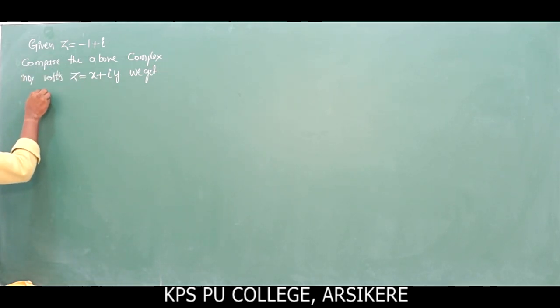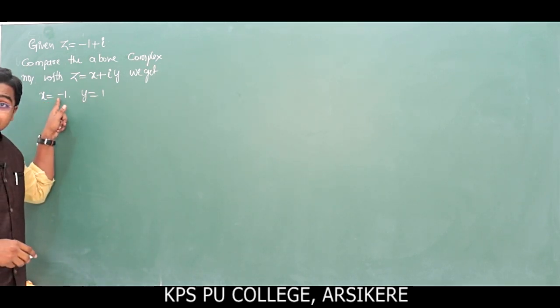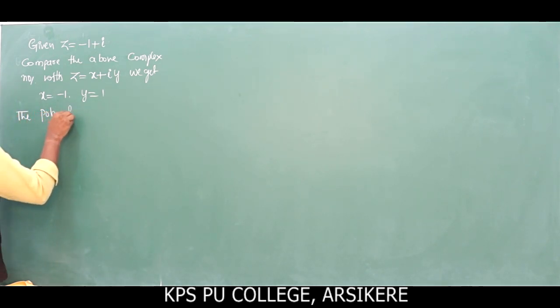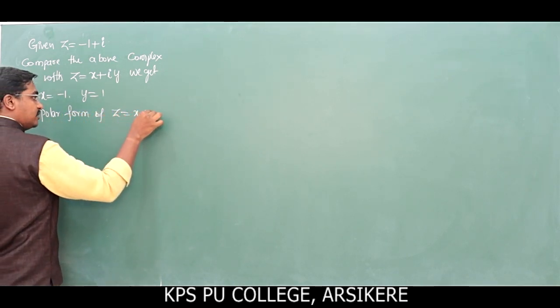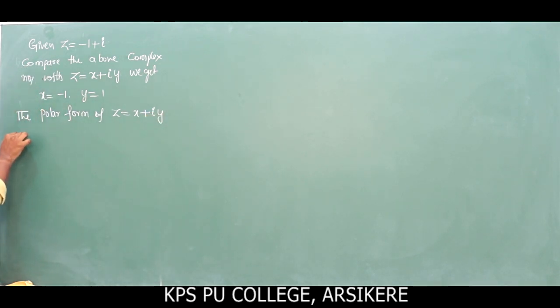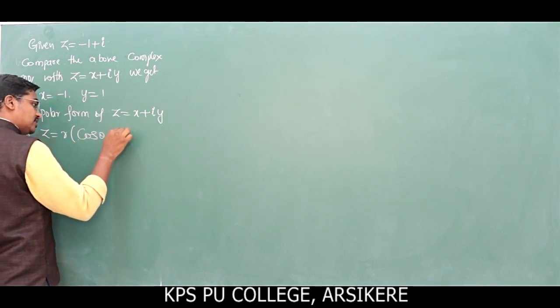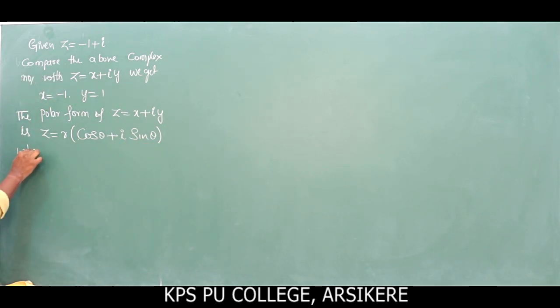On comparing, we obtained x is equal to minus 1 and y is equal to 1. The polar form of z is equal to x plus iy, that is the general form, is z is equal to r times of cos theta plus i sin theta.